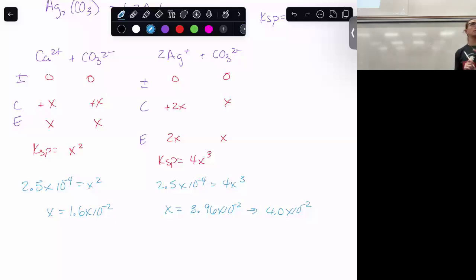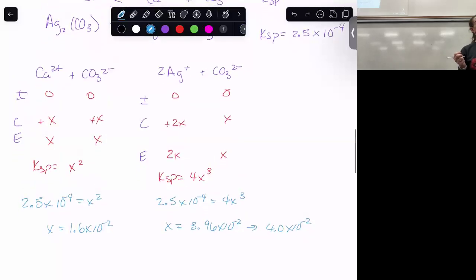So which one has more ions in solution? Silver. The silver produces more of that carbonate ion. Does that make sense, like how we solved it and found that? Okay.